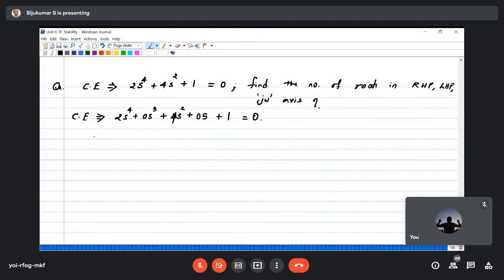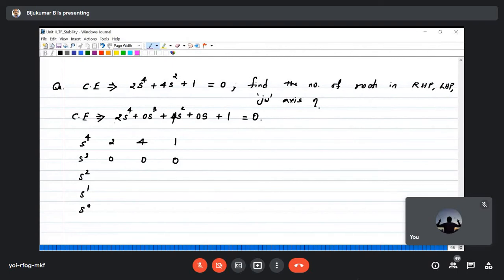Now you form the Routh array: s^4, s^3, s^2, s^1, s^0. Start entering the elements: 2, 0, 4, 0, 1, 0.